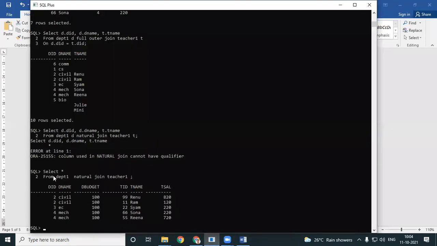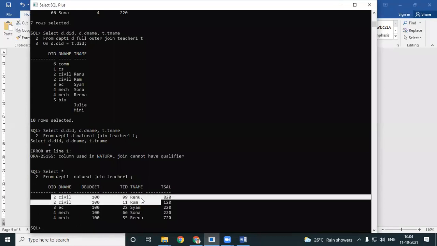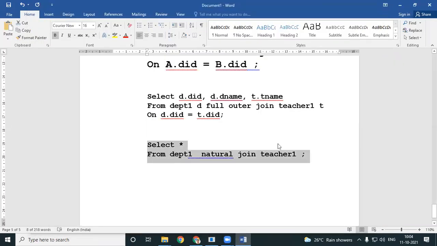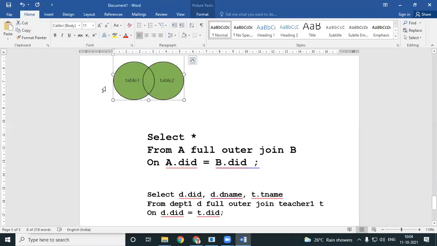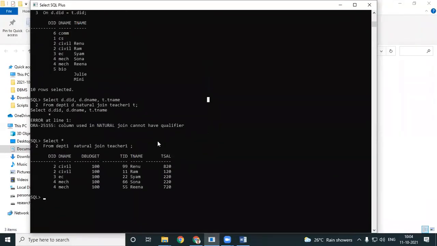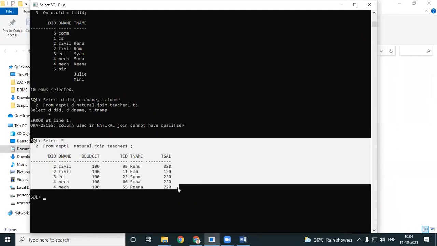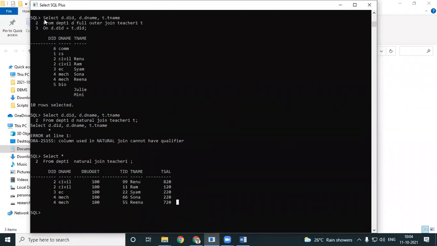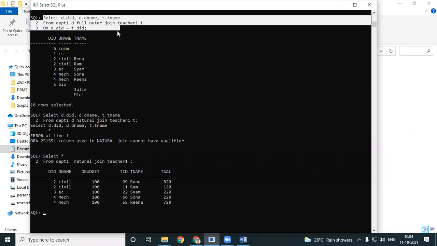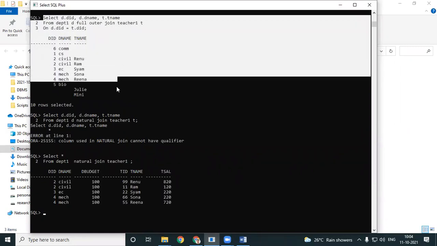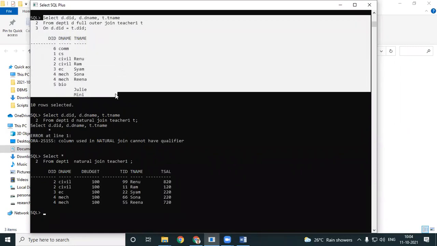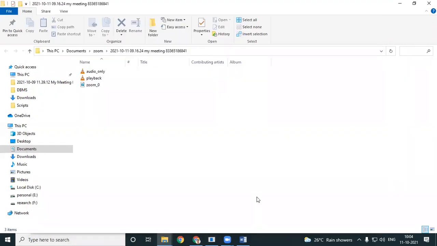In natural join, if you look carefully, it is actually a combination of A and B. Natural join is also a combination of A and B, but the difference is that in natural join you do not have null values, but in your full outer join, you can have null values.